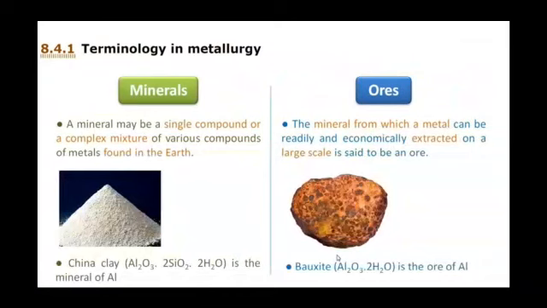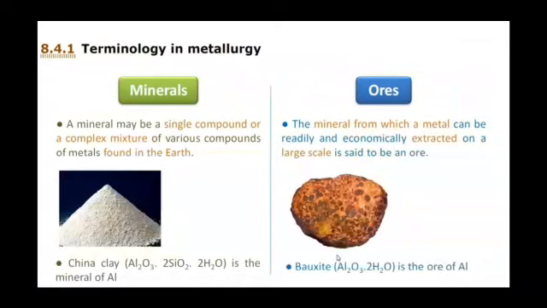Let's understand the terms mineral and ore with an example. China clay is said to be the mineral of aluminium and bauxite the ore of aluminium. Both China clay and bauxite can be called minerals. But China clay cannot be called an ore.